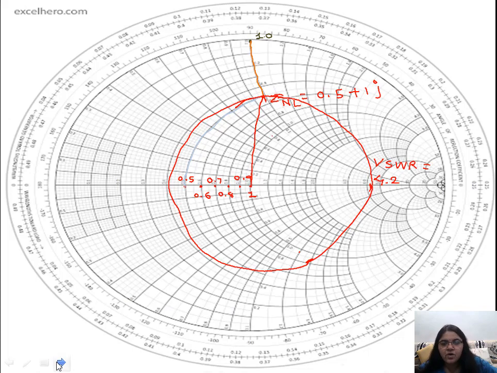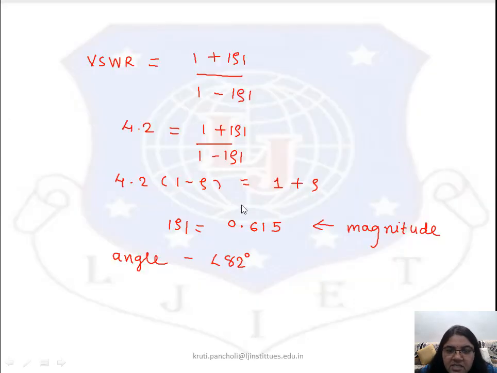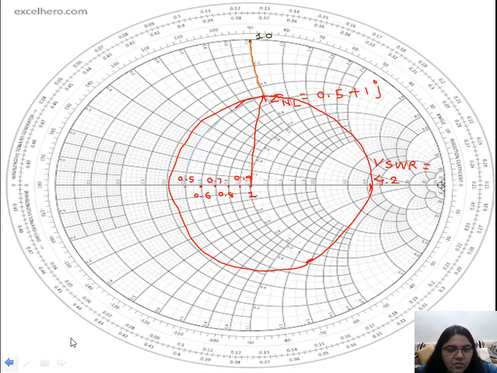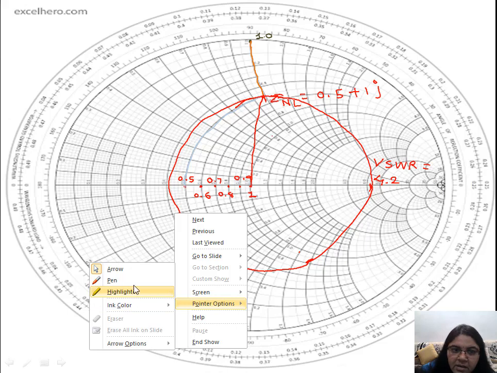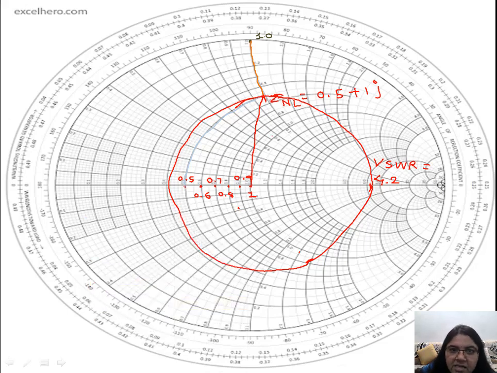Now what I need to do is draw one line from the constant point 1. This is my resistance value, that is equal to 1. So I have to take the scale from the point resistive R equal to 1, the unit circle.